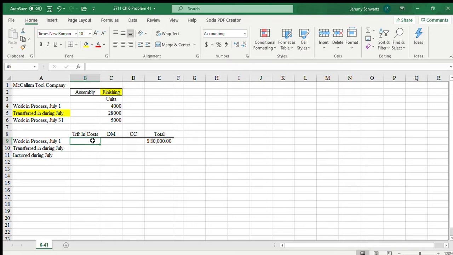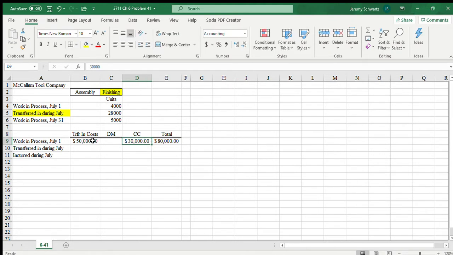So when we go to the source material, we see that there are $80,000 of costs in beginning work in process, of which we saw that there were 50,000 transferred in and 30,000 of conversion, so that the total would be 80,000.